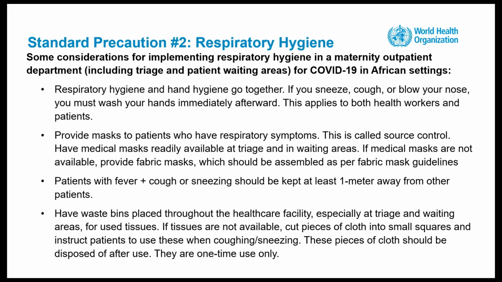Inside our triage and healthcare facility, our clinic, and in the waiting areas, we must have waste bins if we are having patients use tissues. If patients use tissues, we need an area for them to dispose of it immediately. If your healthcare facility does not have paper tissues to give patients, another option that we can use in our region is that we can actually take and cut up pieces of cloth as small squares, and we can distribute those to patients when they cough or when they sneeze.